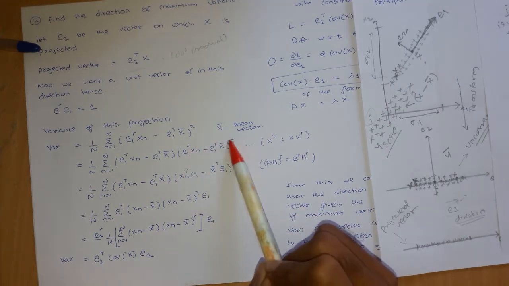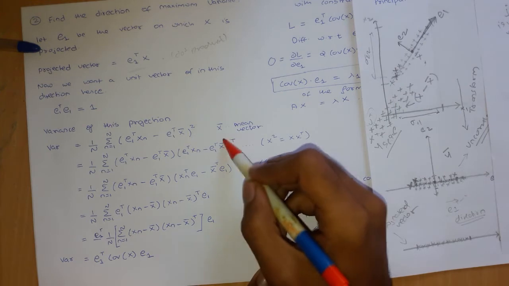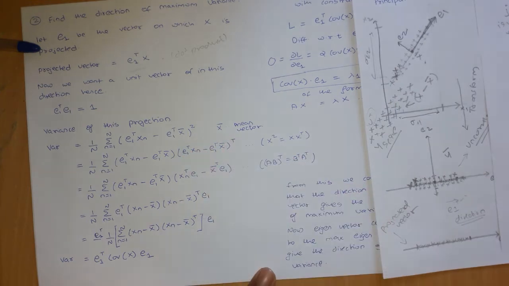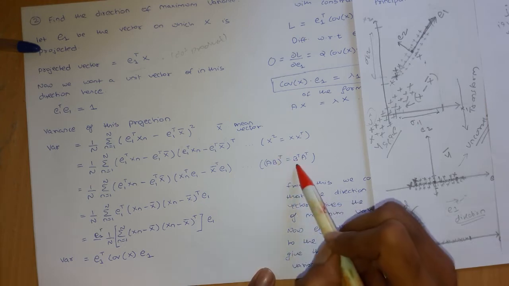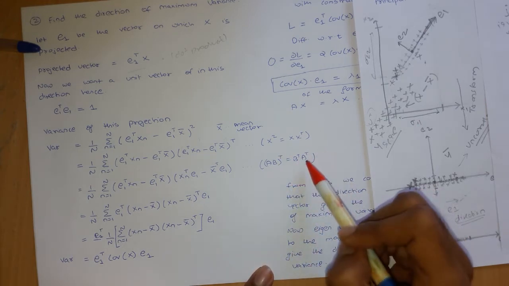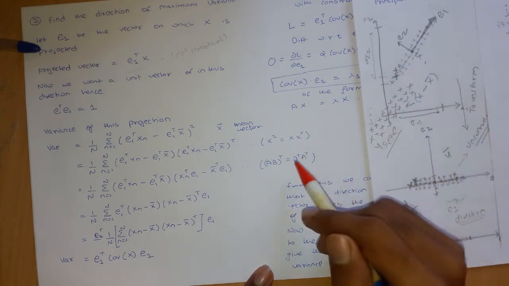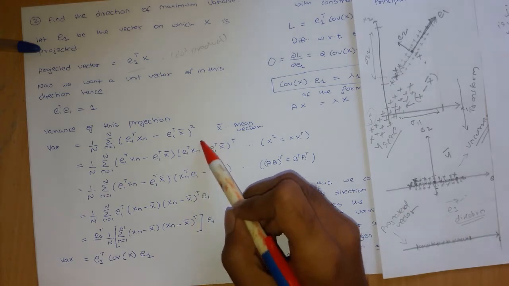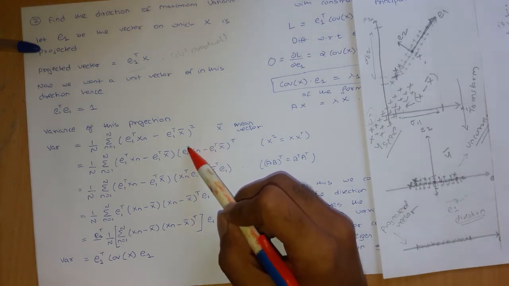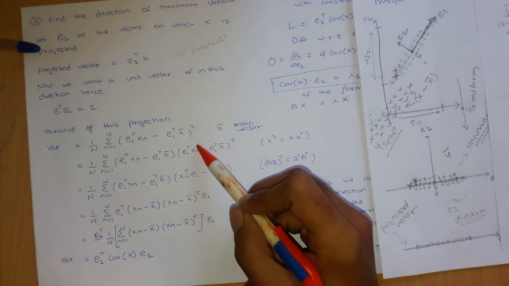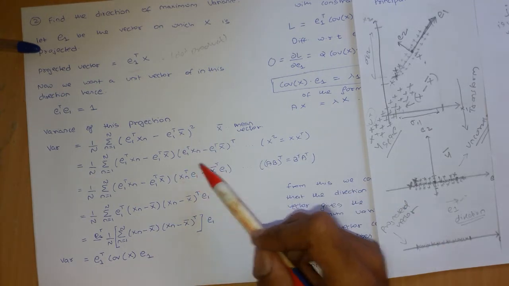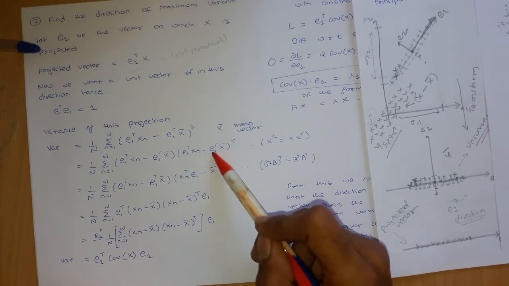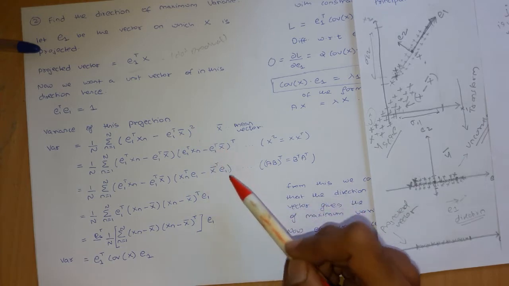And then we know that (AB) transpose is equal to B transpose A transpose. So B comes in the front and A goes behind. So similarly when I open this, this transpose will cut and x will get a transpose and they will shift. So it will be xn transpose E1 minus, this will also shift, x bar transpose E1.